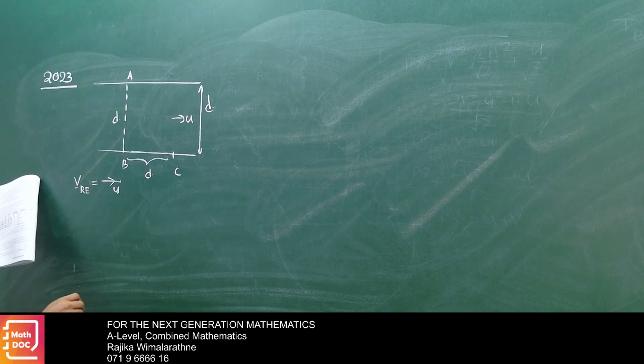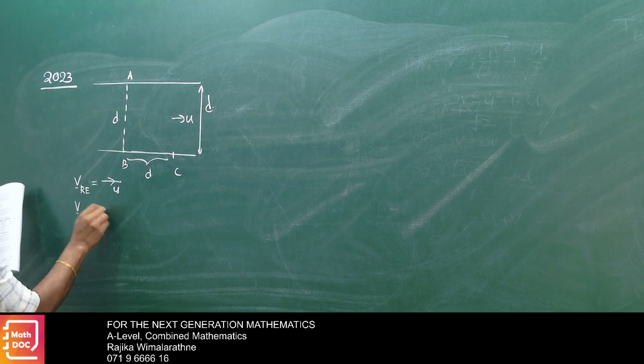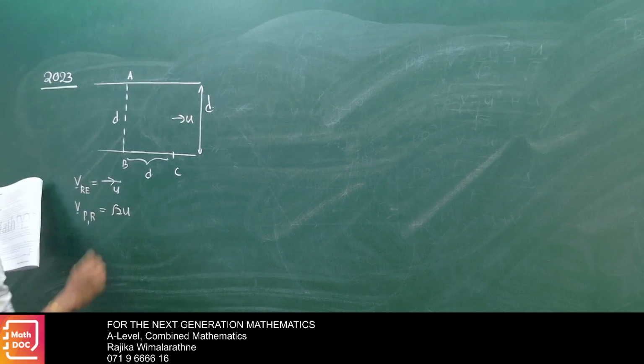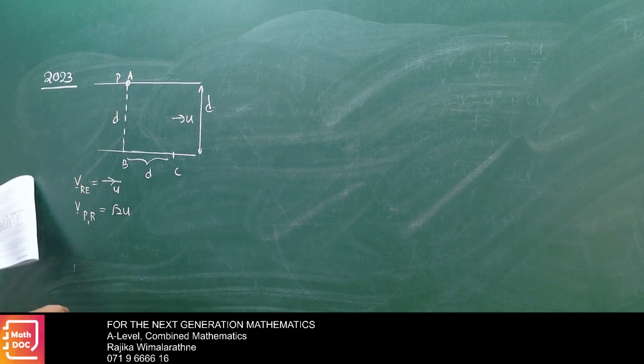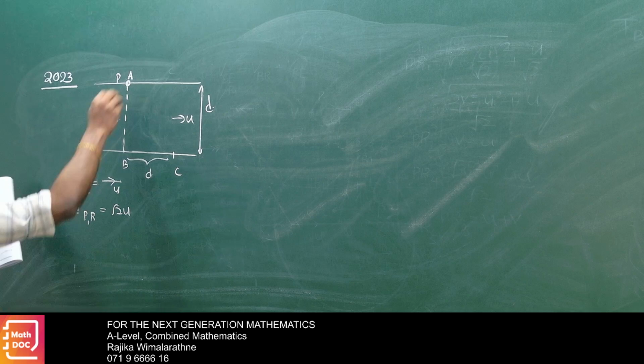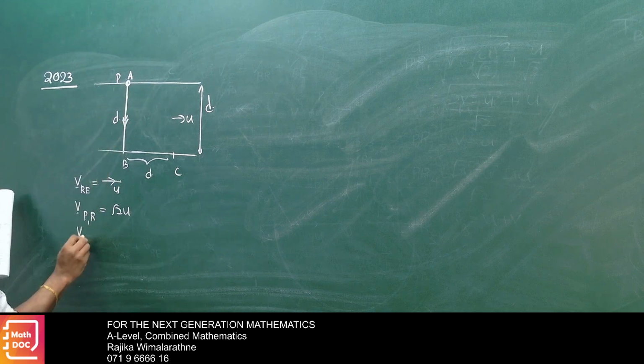A swimmer P has speed relative to water root 2u. The velocity of P with respect to river is root 2u, direction not given. He starts from point A on one bank and swims directly to the opposite bank. Then the velocity of P with respect to earth is directly opposite.